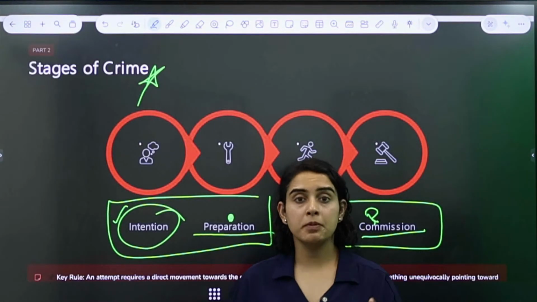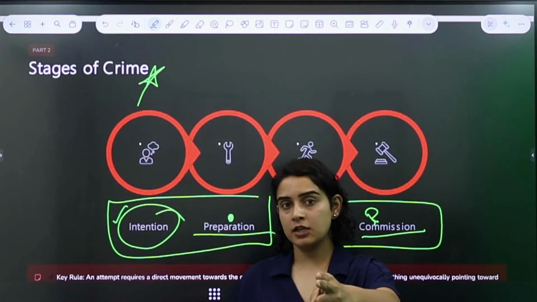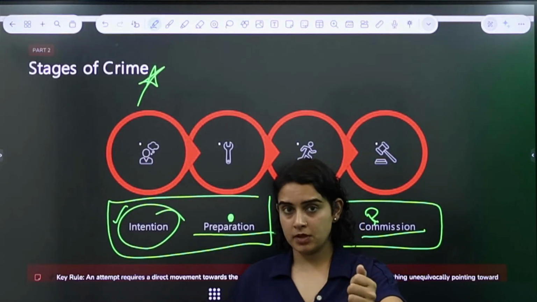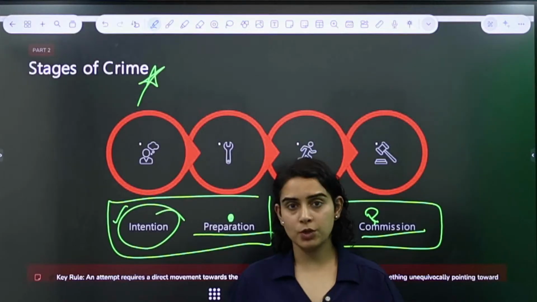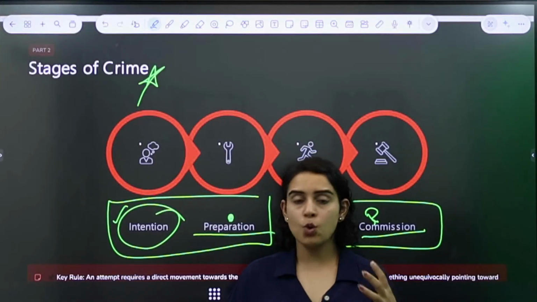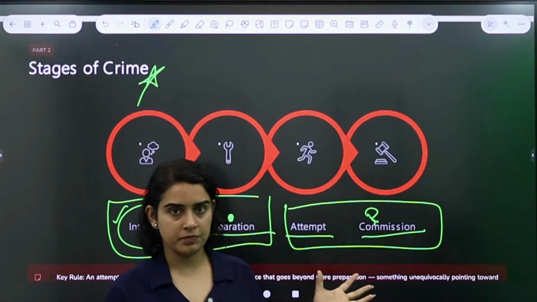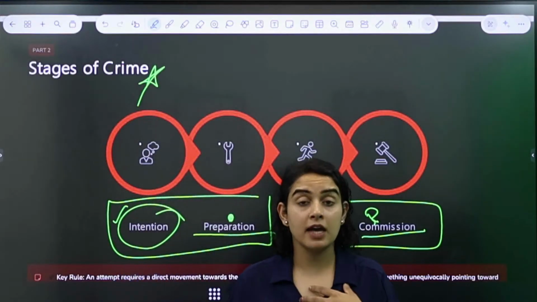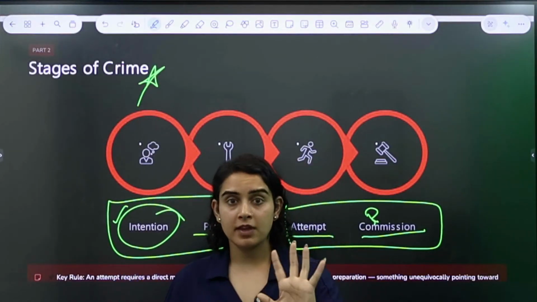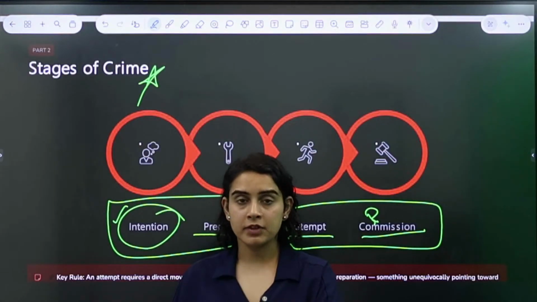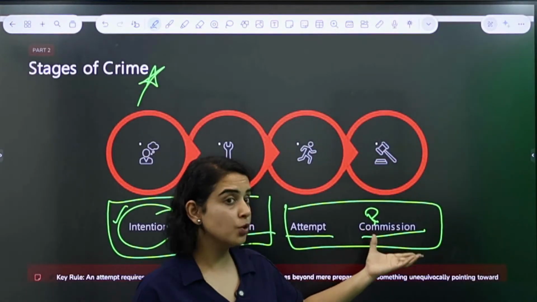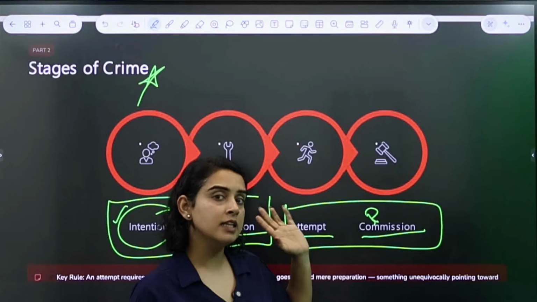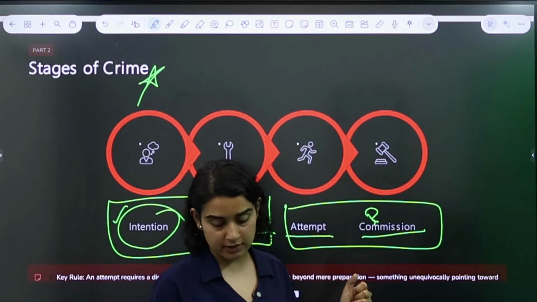Then I go to that person, point the gun at him, and I try to shoot him. He somehow dodges the bullet and he's saved. So no harm basically happened to him. So in that case, I've done the act. I have attempted to kill him, right? Although the commission could not happen, all three other stages of the crime have happened.